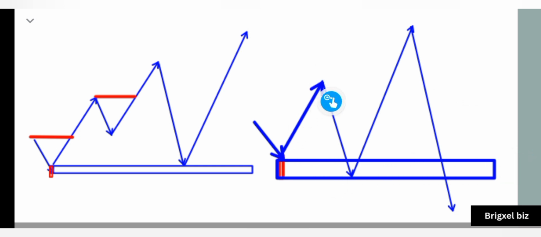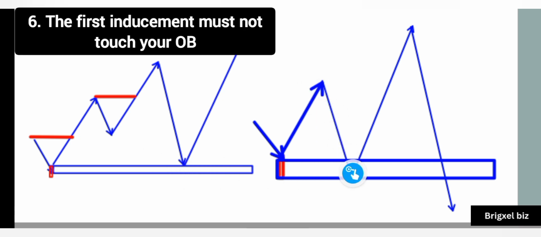So you can see in this scenario, the market moved up, pulled back. This inducement touched your order block. So when you want to use this strategy, you wouldn't want your first pullback to enter your order block or your point of interest. Remember, the order block is one of the key zones that we use, not the only key zone.